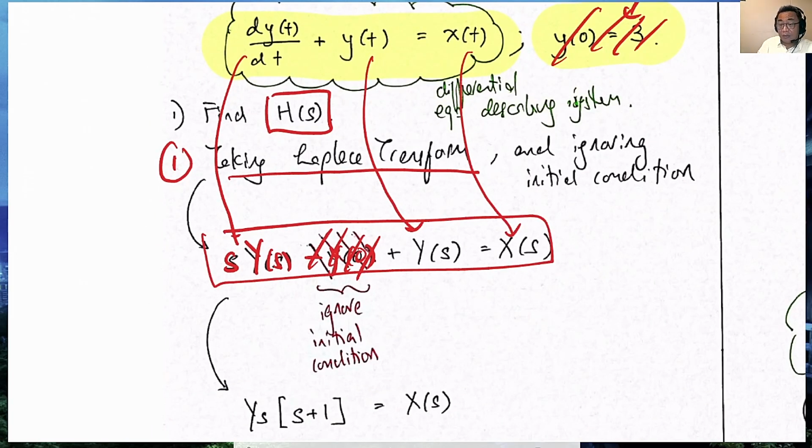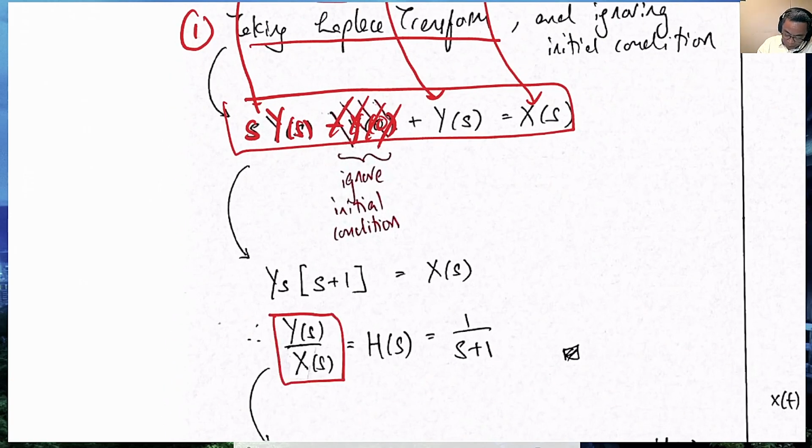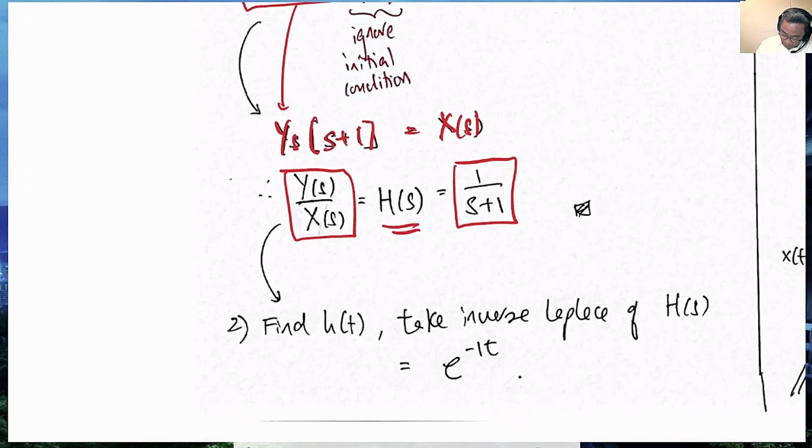To find H(s), we collect all the Y(s) together, so Y(s) equals (s plus 1) on the left hand side. Now Y(s) over X(s) gives us H(s), and we have found the very simple transfer function.